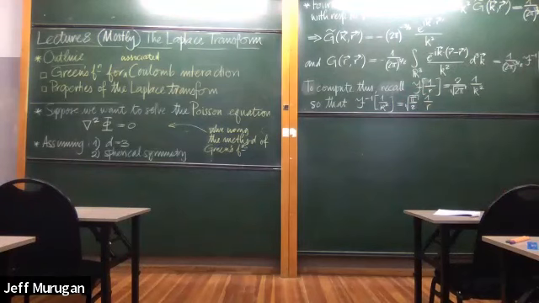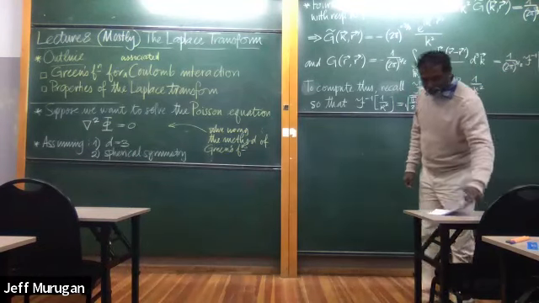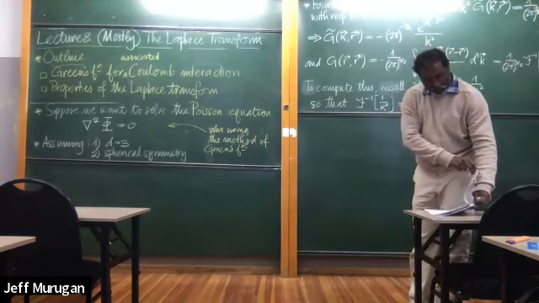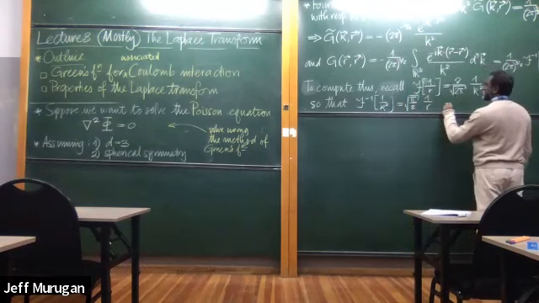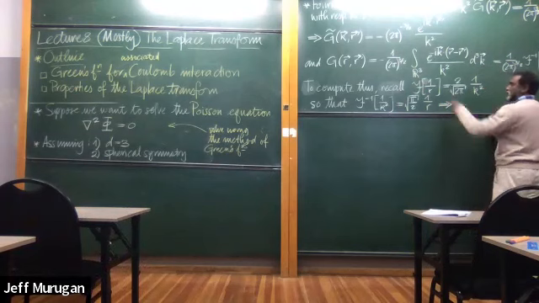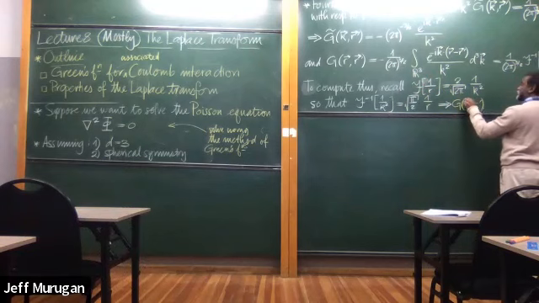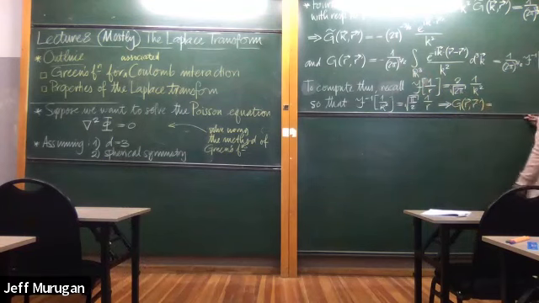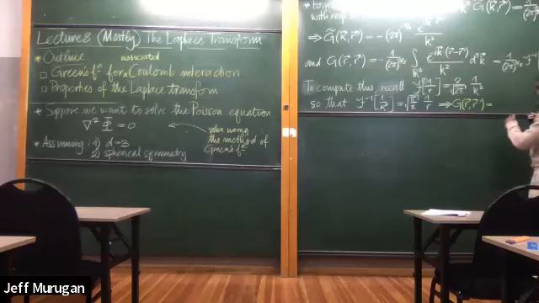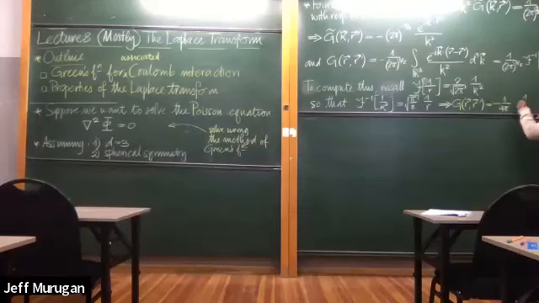That's exactly what we want, and I didn't even have to do the integral because we've already done this integral before. But what it means is that g of r, r' is then simply minus 1 over 4π times 1 over the magnitude of r minus r'.